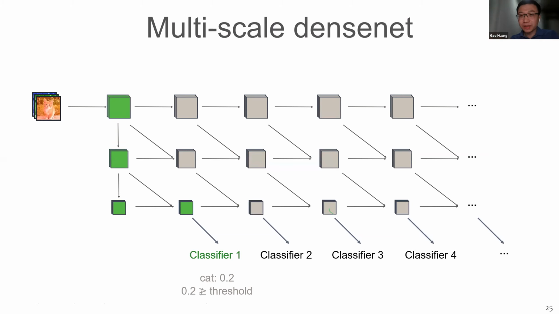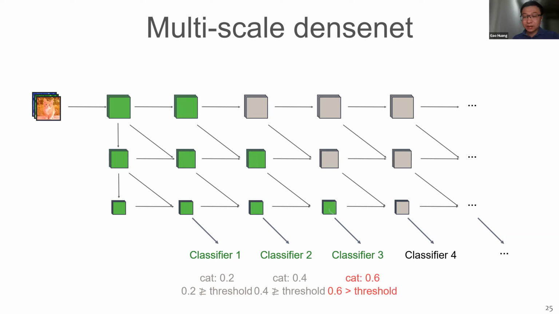Usually the confidence is obtained from the softmax prediction, the largest probability of the softmax output. If the confidence is lower than the given threshold, we continue to inference the second classifier, and we continue this process until we gain sufficient confidence that is greater than our threshold.